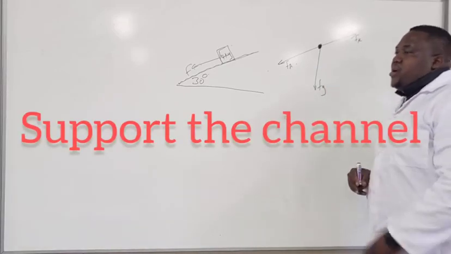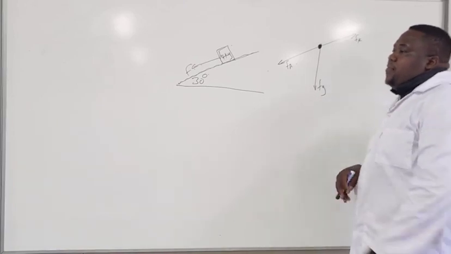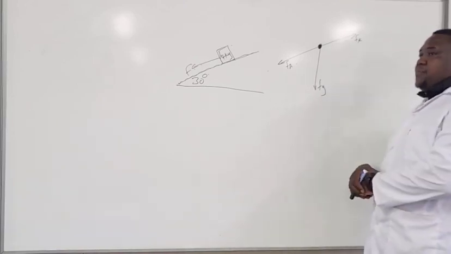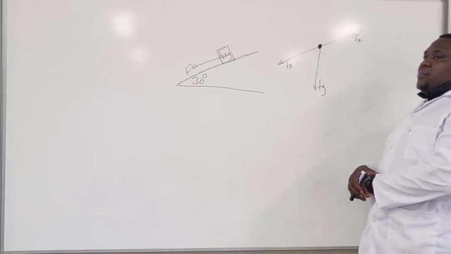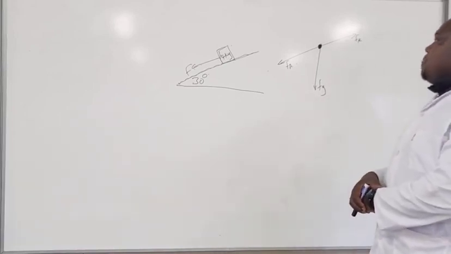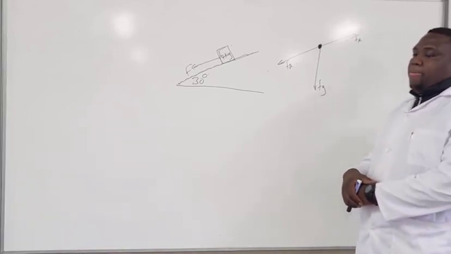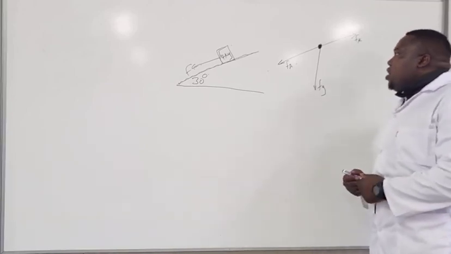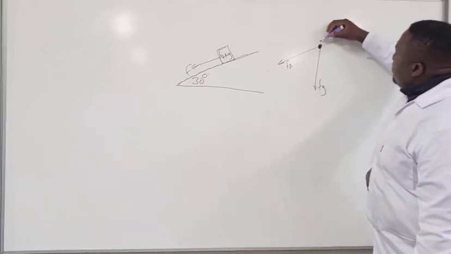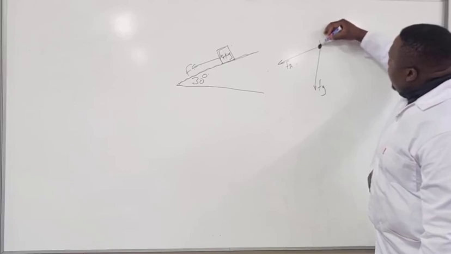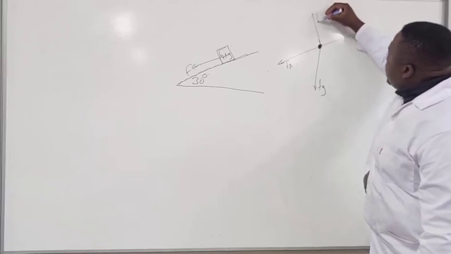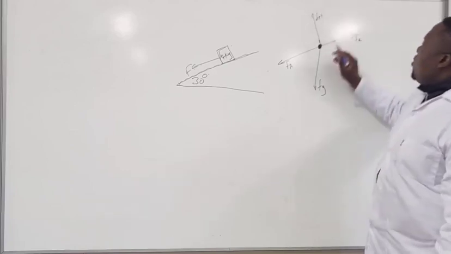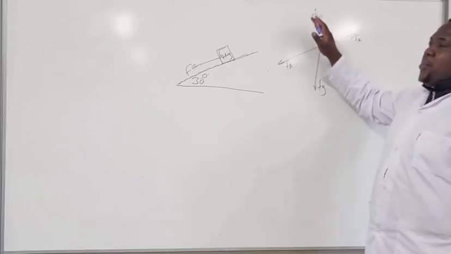I told you that a normal force is a force which is perpendicular to the surface of an object. So it means that we must make sure that here we have a perpendicular line, and then we have normal force. Why did I have to draw this line to point at this direction?